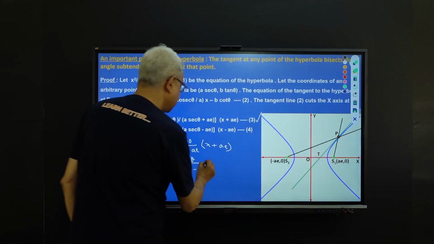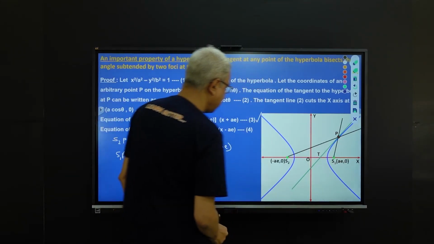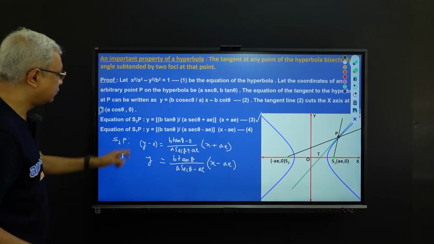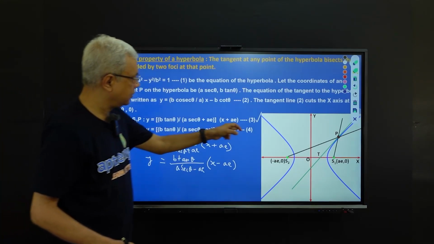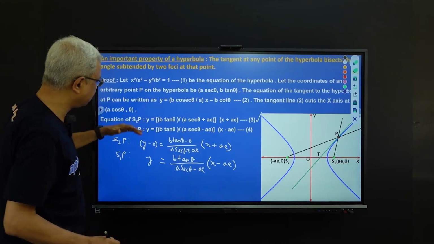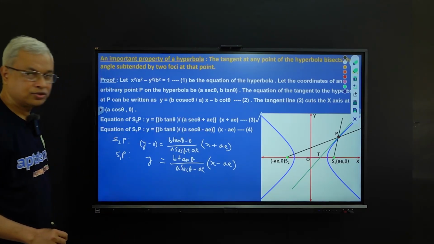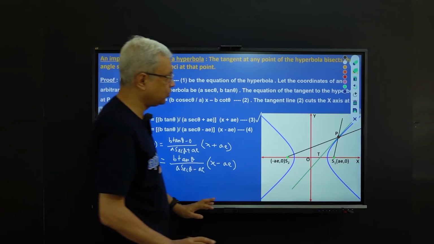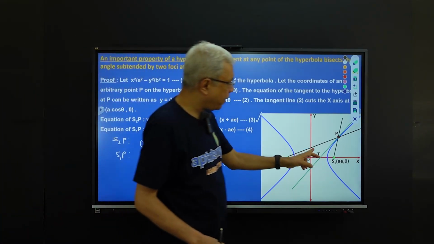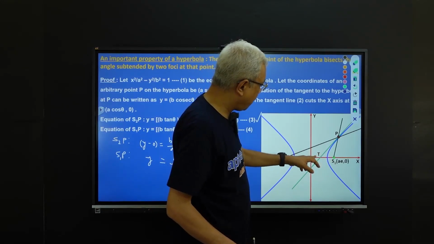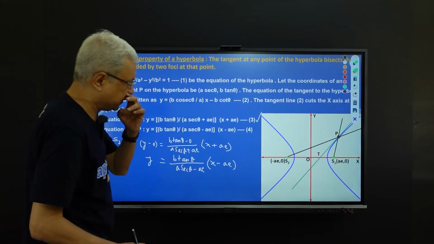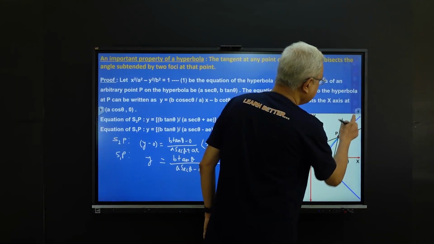And S1's coordinate is (a, 0), therefore in the equation it will appear like x minus a. So this is the equation of S1P, and this is the equation of S2P. 3 is the equation of S2P and 4 is the equation of S1P. I think up to this there is no confusion. Okay, now what I will do, I will drop perpendiculars from T on these two lines, S1P and S2P. Let us see what happens.